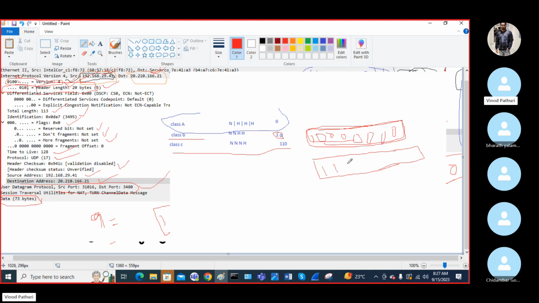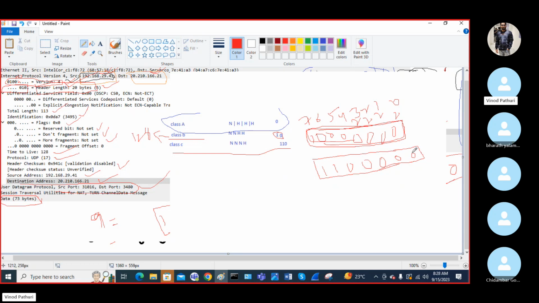This one is 1 1 0 0 0 0 0. It's 2 power 0, 2 power 1, 2 power 2, 2 power 3, 4, 5, 6, 7. So what is the value of 2 power 7? 128.